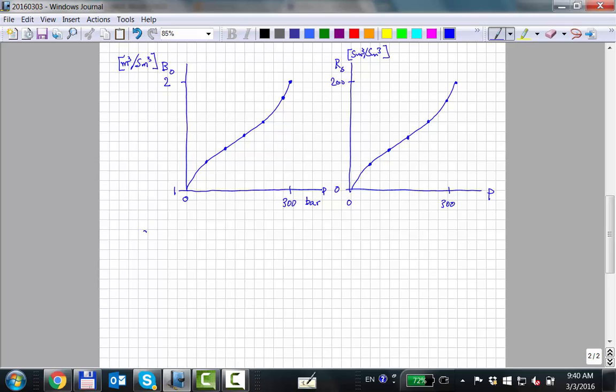Now, let's say that somewhere in our system, and because these tables are specifically for reservoir conditions, this has to be at the reservoir temperature. So it's somewhere in our reservoir.